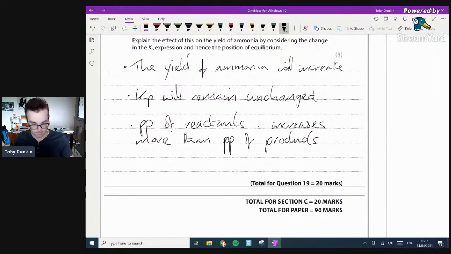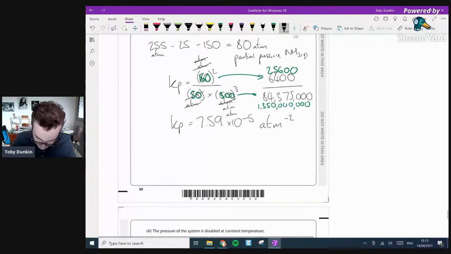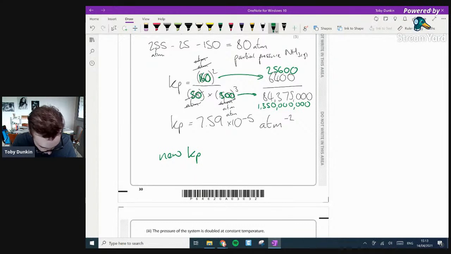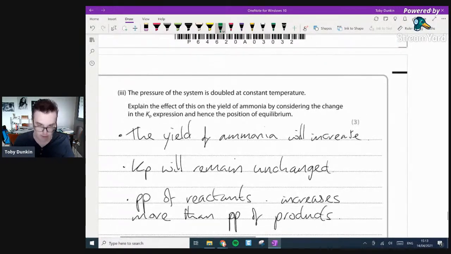Now, here's the thing. I've just calculated a brand new Kp. New Kp is 1.90 times 10 to the minus 5. It's actually got smaller. Now, this makes sense. So why have I just stated that it doesn't change?